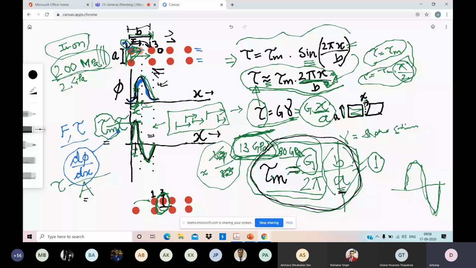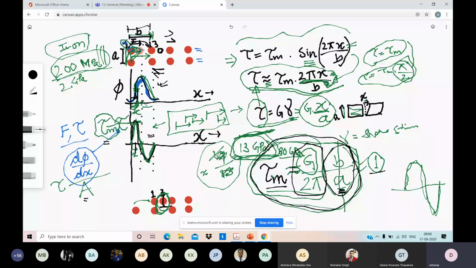Since B and A are of the same order, we can take this term nearly close to 1. So ultimately we see that the G by 2 pi term governs the stress requirement, and G is the shear modulus. So higher the shear modulus, more shear stress needs to be applied to create a dislocation.